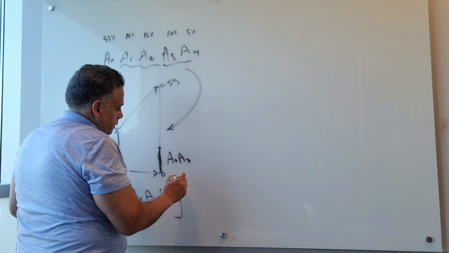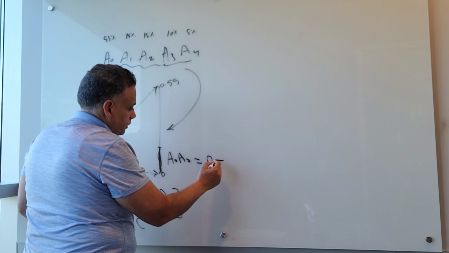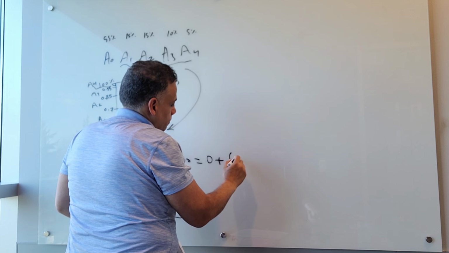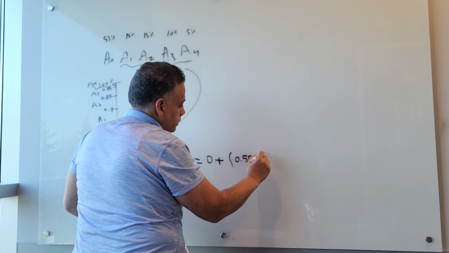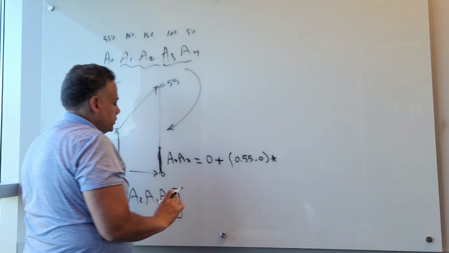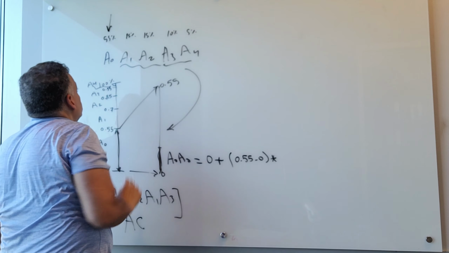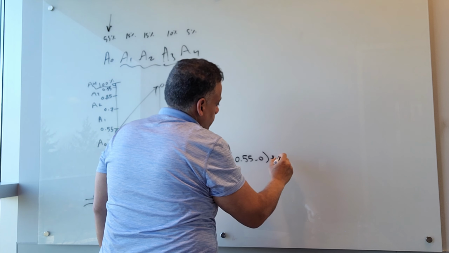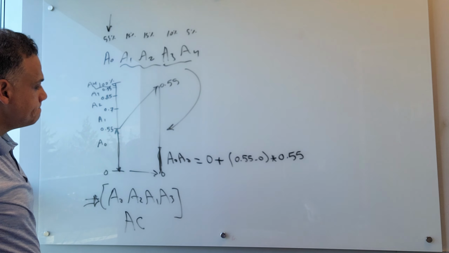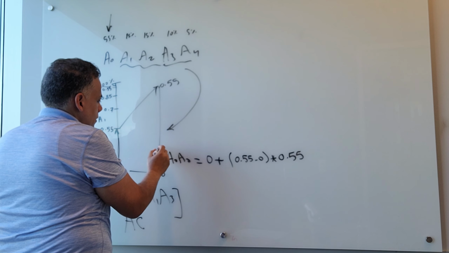So this would be basically 0, which is the start of this interval, plus the range. The range is from 0 to 0.55, so 0.55 minus 0, that's the range, and scale it by this amount, which is 55%, the probability of the A0. That gives us the upper limit here.